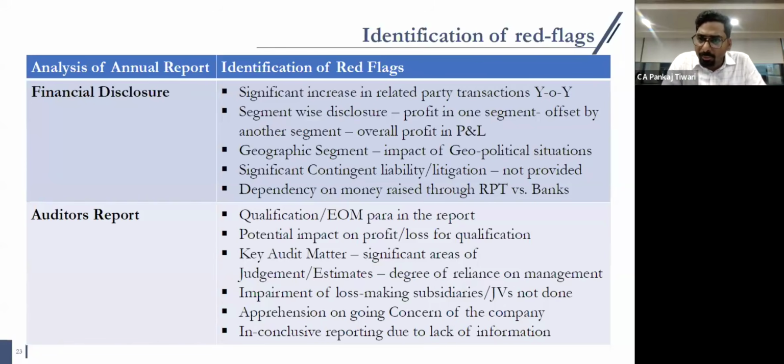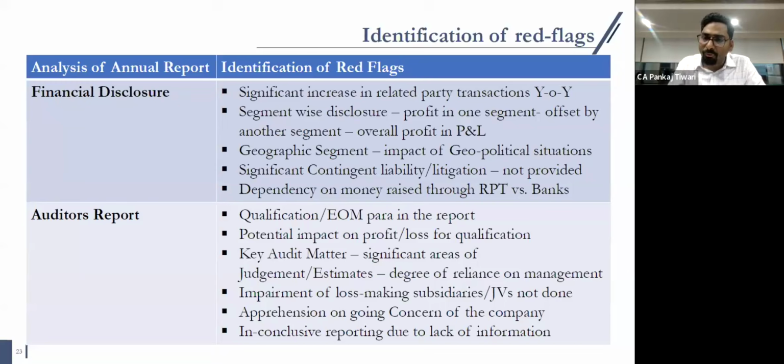Then what I was talking about, the segment-wise disclosure: if the segment-wise profit and loss is presented, there's a profit in one segment, but a loss in the other segment. But overall, if you look at the profit and loss account, you'll find a profit as per the P&L statement. So it is important for us to know whether there is any issue in that particular segment, business, product or portfolio, and what is the reason for the loss.